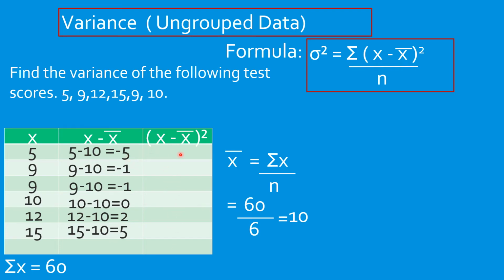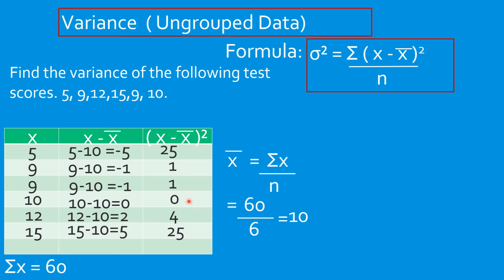So we have squaring negative 5, it means negative 5 times negative 5, that is 25. And negative 1 times negative 1 is 1, same thing, 1, 0. 2 squared, that is 4. 5 squared, that is 25. So squaring.